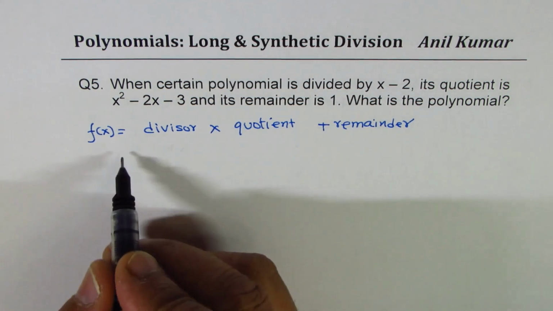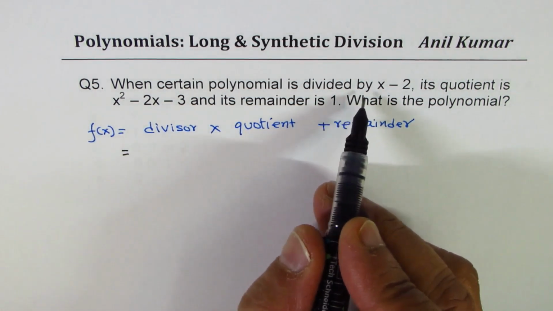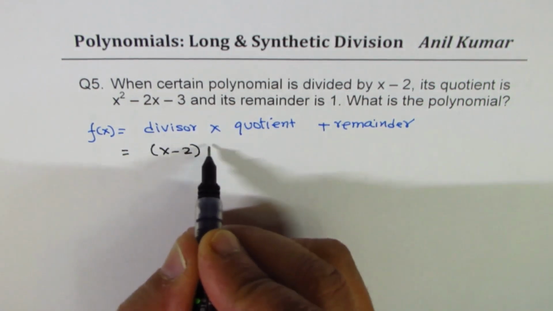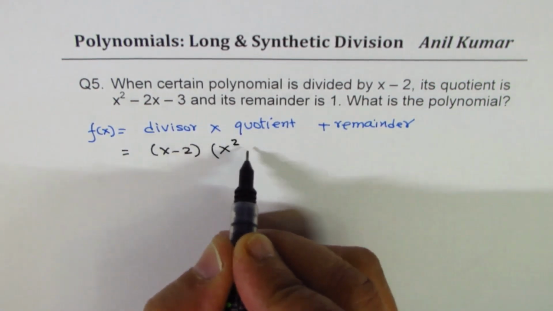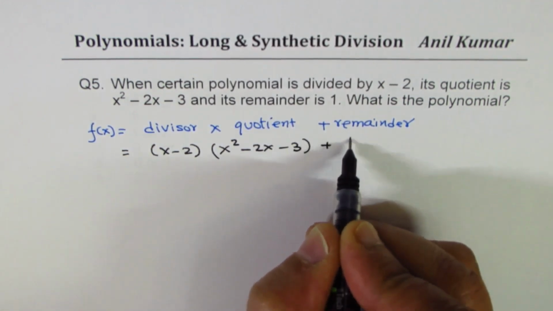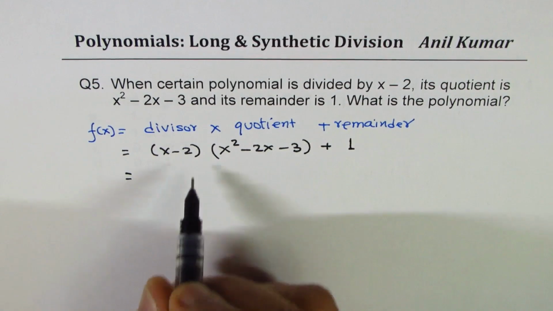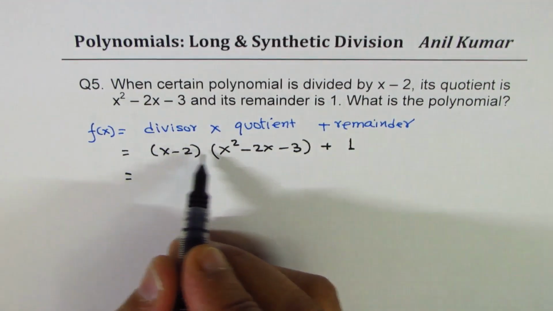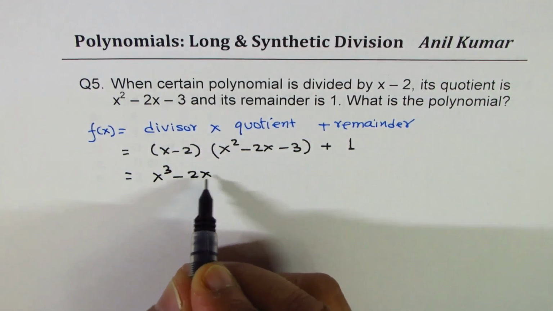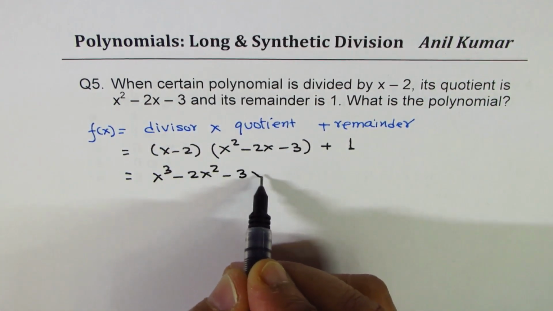Now in this particular case, we are given that the divisor is x minus 2. The quotient is x squared minus 2x minus 3 and the remainder is 1. So just multiply these polynomials, using the distributive property, we get x cubed minus 2x squared minus 3x.